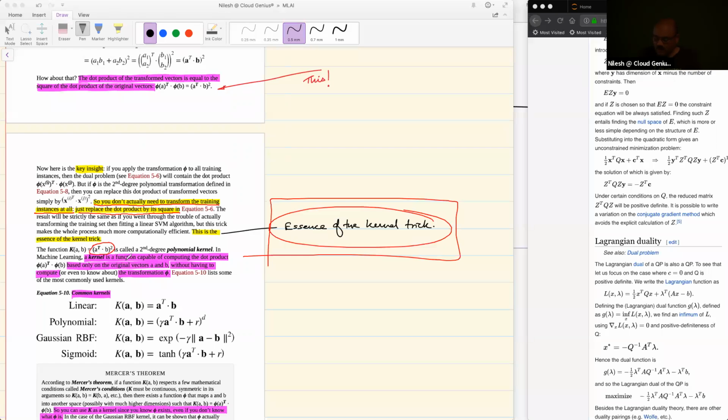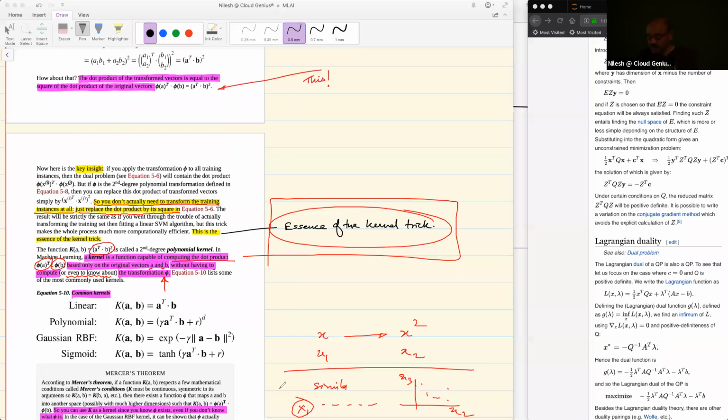And a kernel is a function capable of computing the dot product of phi of A and phi of B based only on the original vectors A and B, without having to compute or even know about the transformation phi. This phi transformation is conceptually similar to the transformation of x to x square, that becomes your x2, this was x1. The other example you saw was a similarity function, where we transformed data points to a two-dimensional space with x3 and x2, excluding x1.